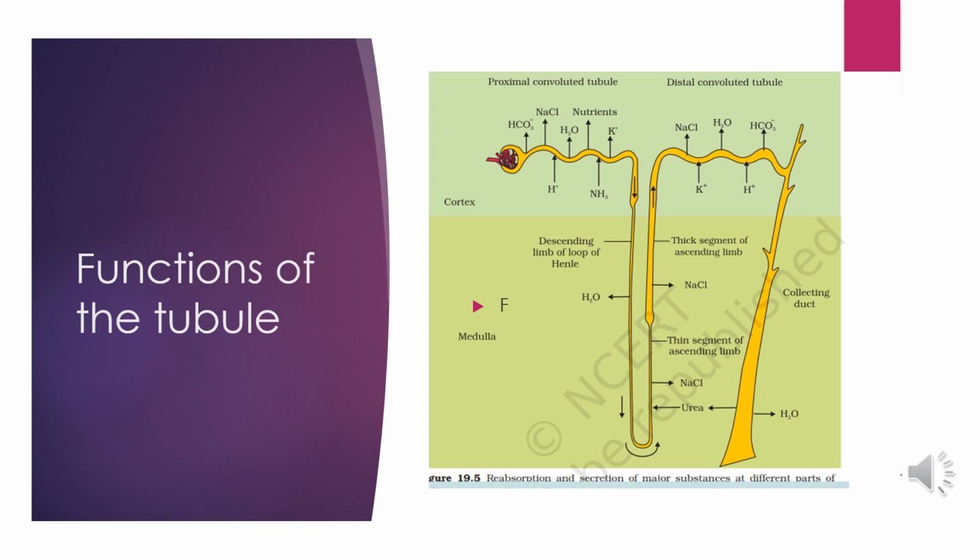So, we have learned which substances are reabsorbed and which are secreted at the PCT, descending limb of the loop of Henle, ascending limb of the loop of Henle, then DCT, and then collecting duct.